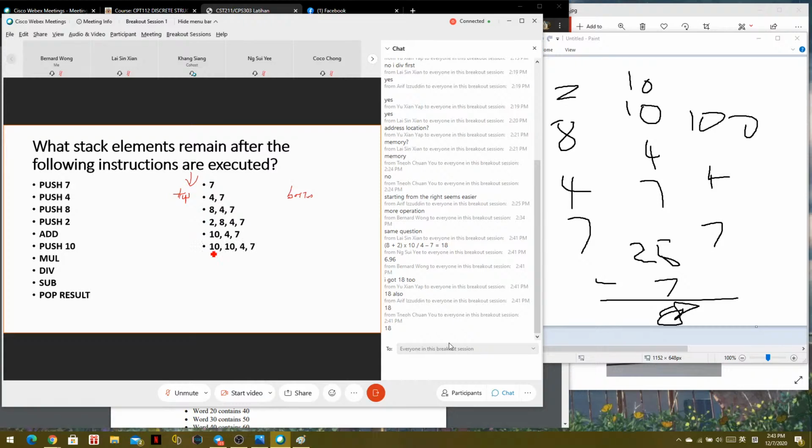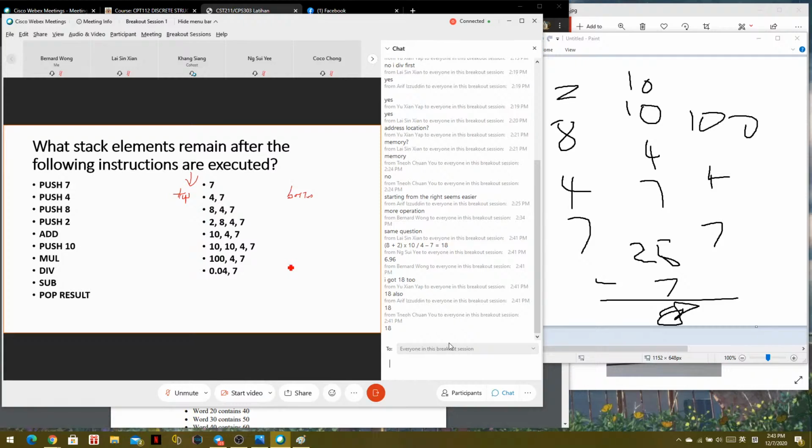Then you push another 10. Then you do a multiplication, meaning 10 multiplied by 10 equals 100. Then you do a division. In this case, division is 4 divided by 100, which equals 0.04.